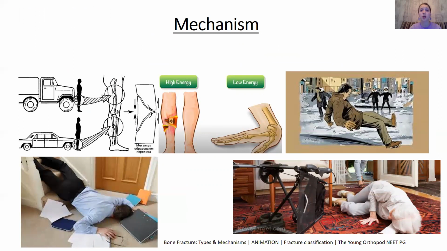High energy traumas are open or closed injuries caused by force, missile, traffic injuries, crash or blast injuries, falling from height, affecting the body surface and transferring a high amount of kinetic energy, inducing great damage of the tissue. So it's a big kinetic energy with severe crushing of the bone and soft tissue. Low energy fracture is defined as a result of falling from standing height or less. It's the fracture of elderly people, who fall from their own height.